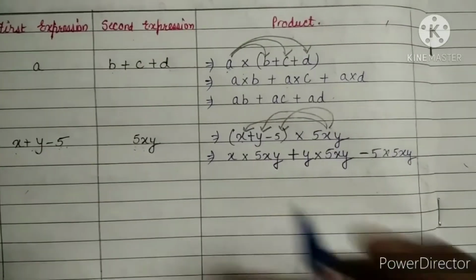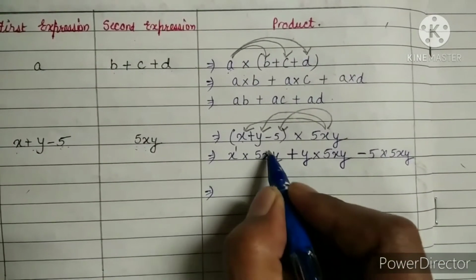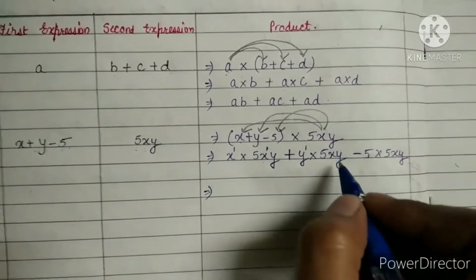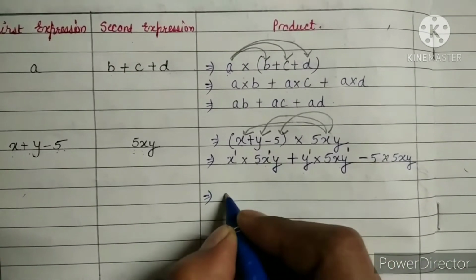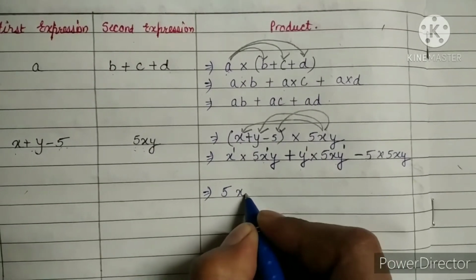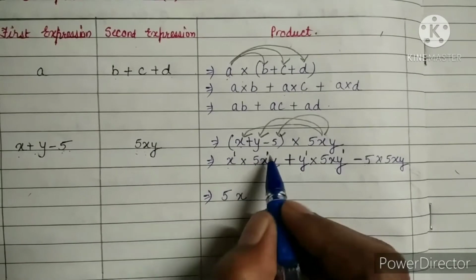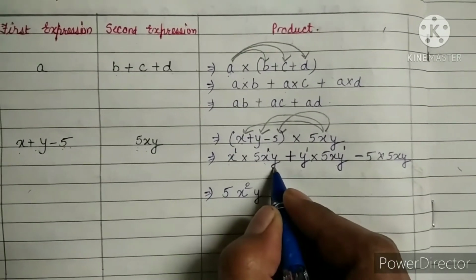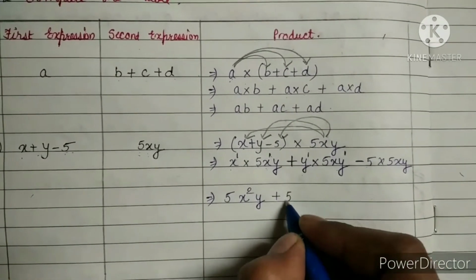5xy. You can see x is to power 1, y is also to power 1. Here y has power 1 and here y has power 1. Now 5 times 1 is 5. Now x is to power 1, x is to power 1, so 1 plus 1 is 2, y as it is because y is there only one time, plus 5.